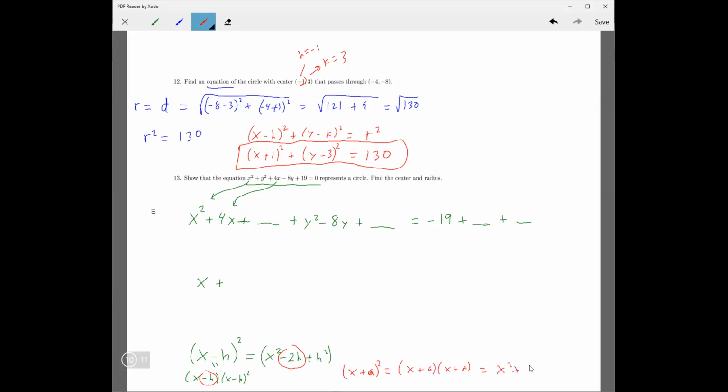So that's x squared plus 2ax plus a squared. So here I've got an a, and here I have 2a. That means if I'm looking at these terms right here, this piece will be 2a.